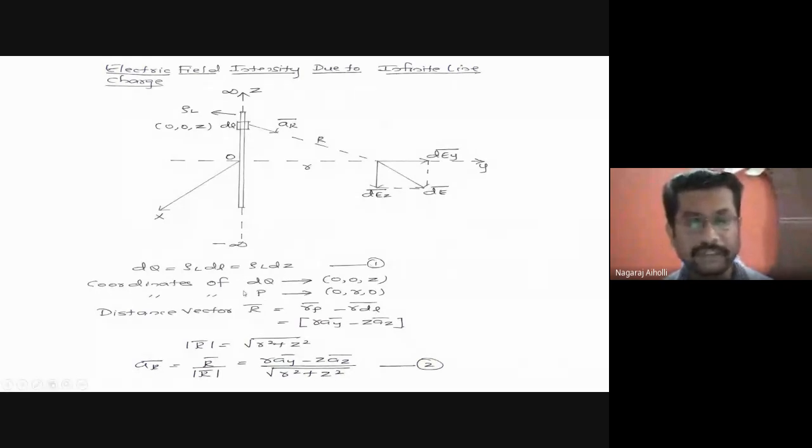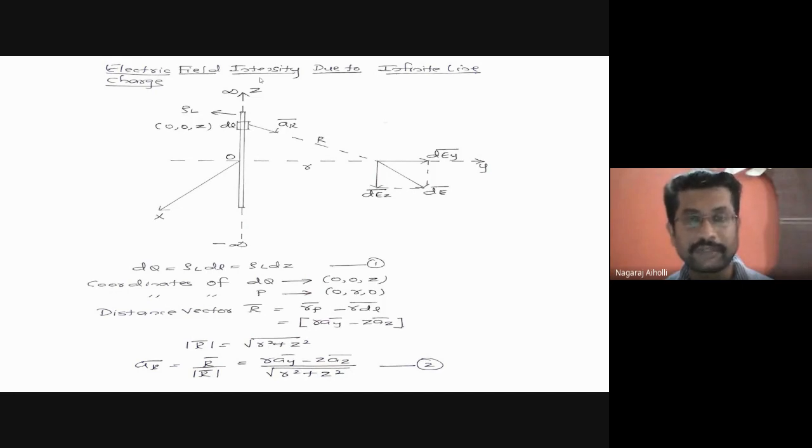What are the coordinates of dq? We discussed this in our previous example. If I take any point on the z-axis, what will be its coordinates? It is 0, 0, z.